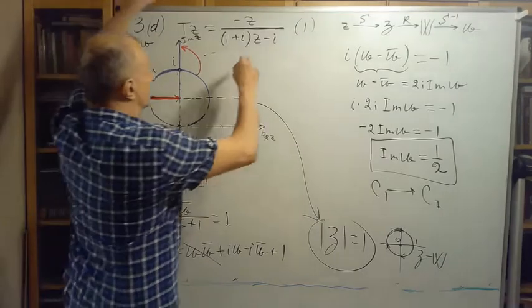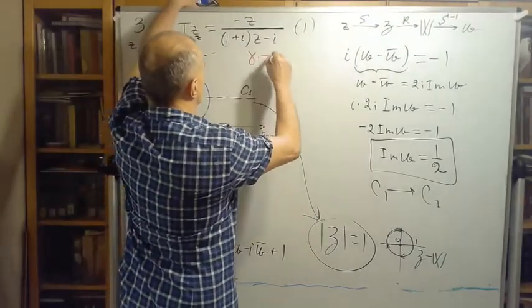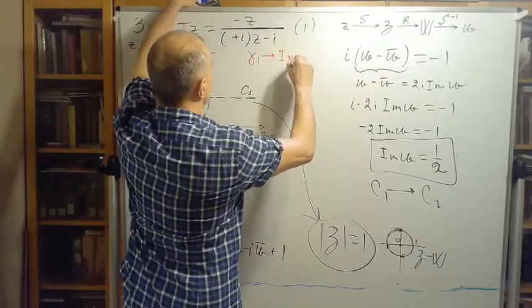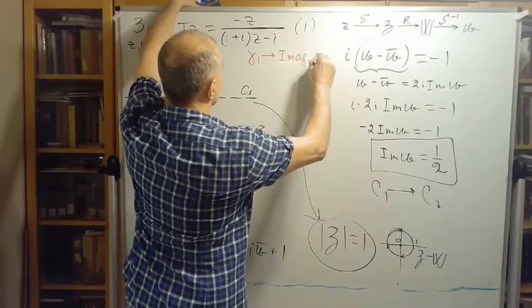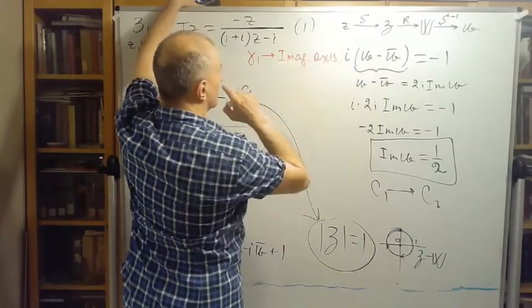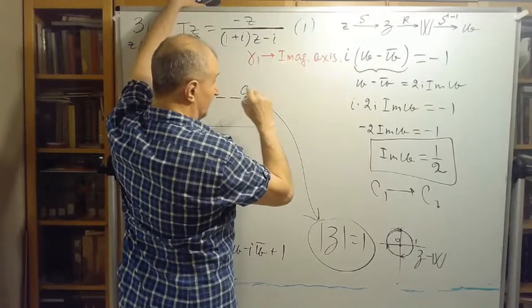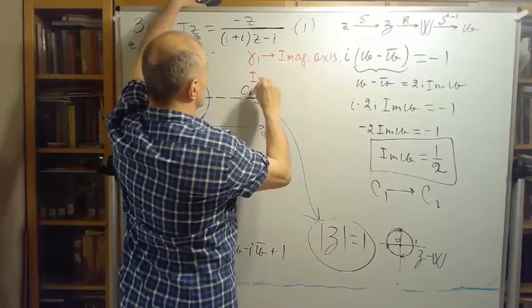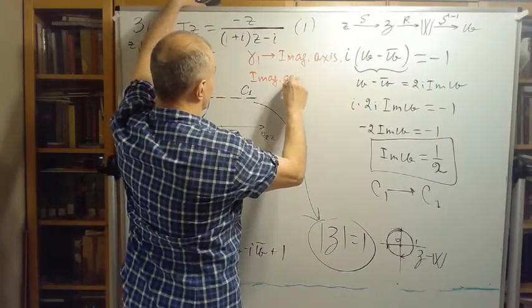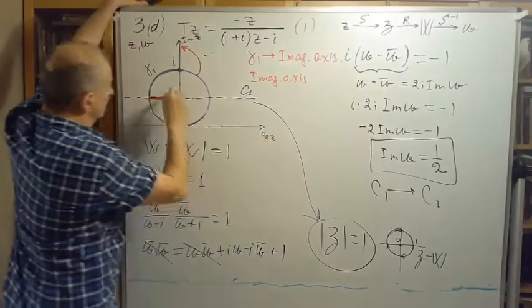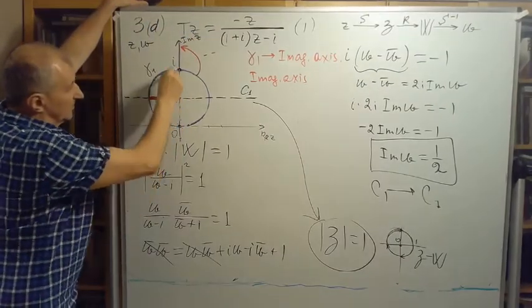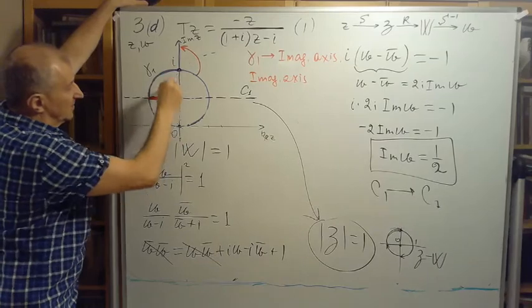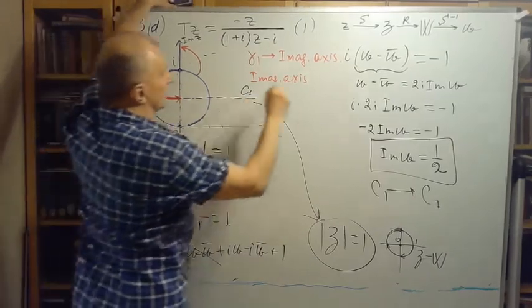gamma 1 moves into the imaginary axis. And you can check, just perform this calculation, that imaginary axis is also one of the Steiner circles of the first kind, yes, because it connects these two fixed points.